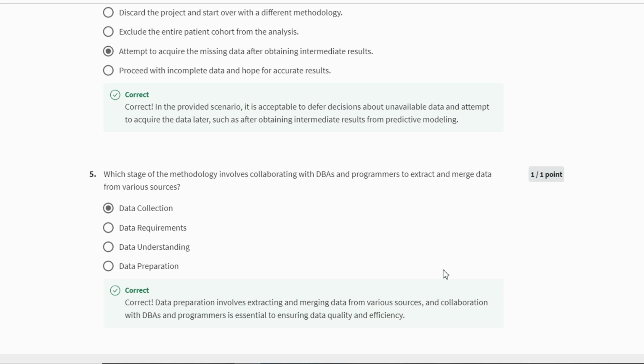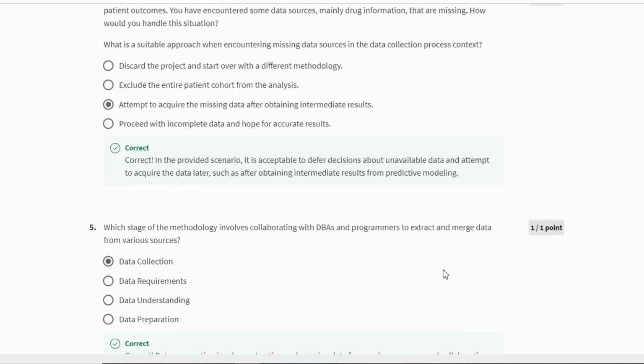Now what you are going to do is make a plan for how you are going to get the data and what the data is going to be. After that, you are going to contact the DBAs and the programmers about how to do the ETL and what kind of data you are getting. So these are the things that happen in the first phase of the analysis. So data collection is the correct answer.